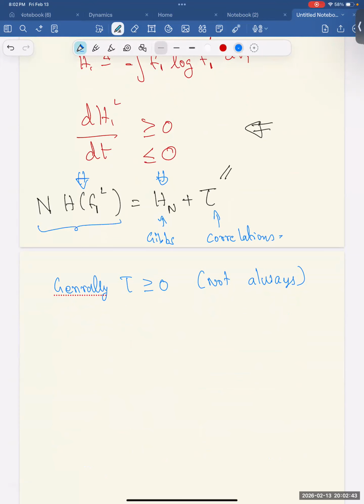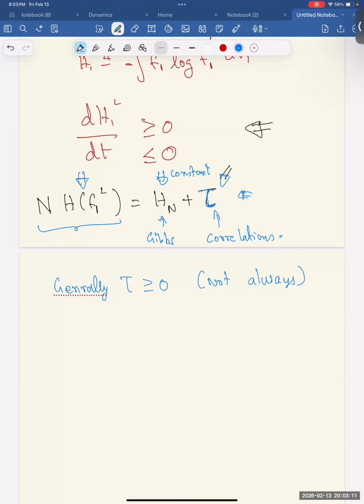N times H1. So remember, this is a constant, and correlation, think of this as mutual information. More or less, correlations always build up in time, but there may be a particular initial condition, or some circumstance where this can drop.